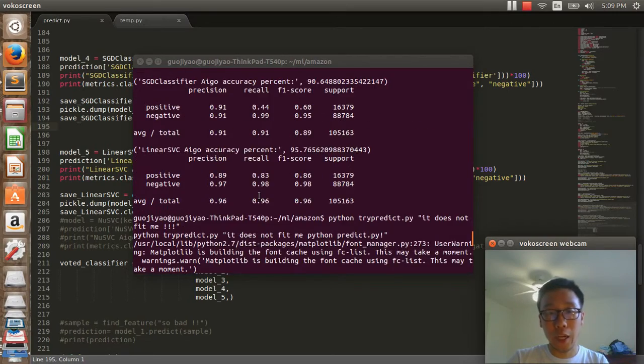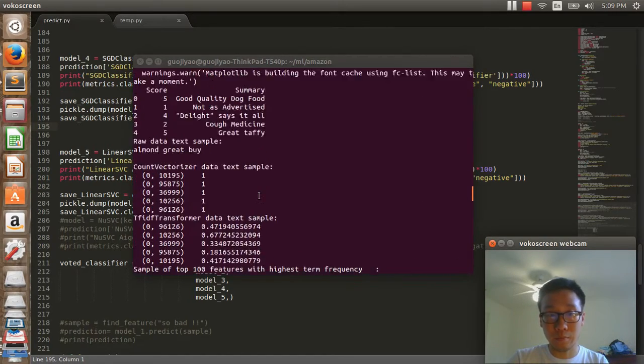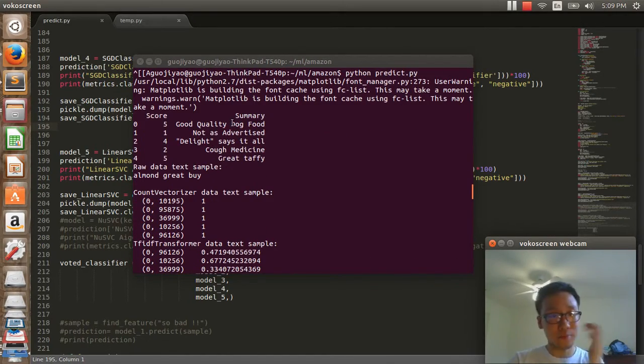In the last video, we had our raw data and our clean data, which was processed by NLTK, the Natural Language Toolkit. We used tokenize and also a stemmer to clean the data.